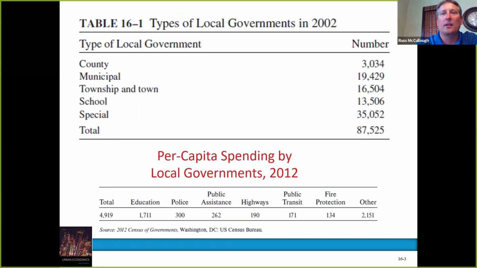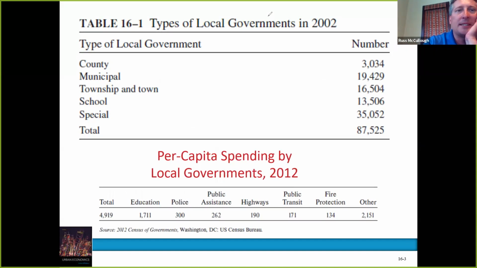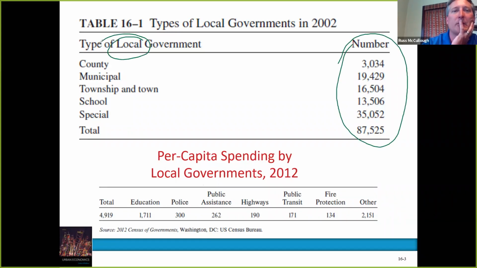So just to give you a little overview of governments, this was back from 2002, which is similar today because cities don't change too much. There isn't like brand new cities too often. It's probably a little bit bigger, but at least gives you the idea of the breakdown in the United States for local governments.